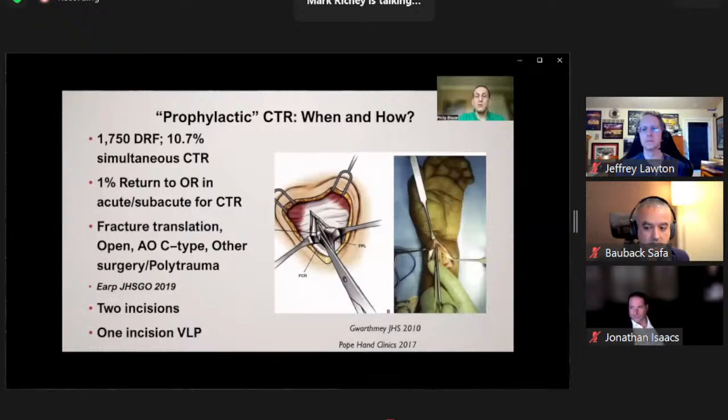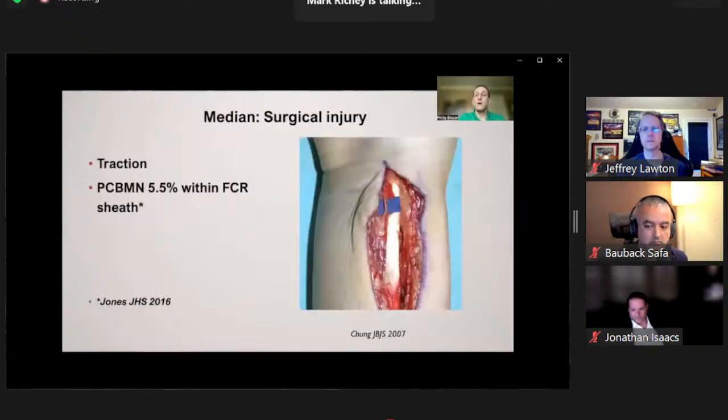These images are taken from Gwathmey et al. in 2010. And this is a very viable technique for a single incision simultaneous distal radius fracture and carpal tunnel release.